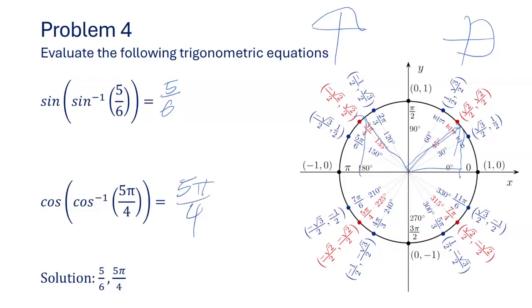Isn't that in the third quadrant? Yes. That's a good point. But the cosine of that angle still remains the same.